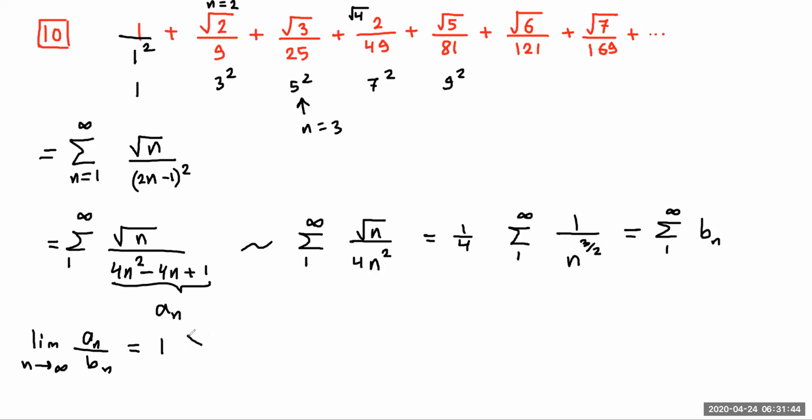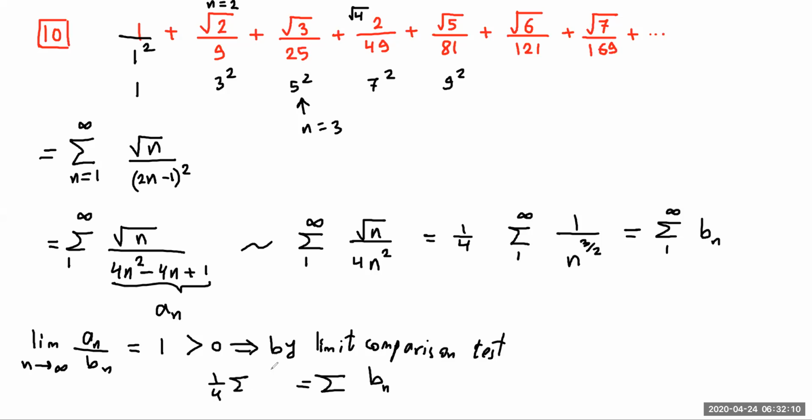So because this number is bigger than 0, using the limit comparison test, sigma bn and sigma an behave the same. And because sigma bn, which is 1 over 4 sigma 1 over n power 3 over 2, converges.